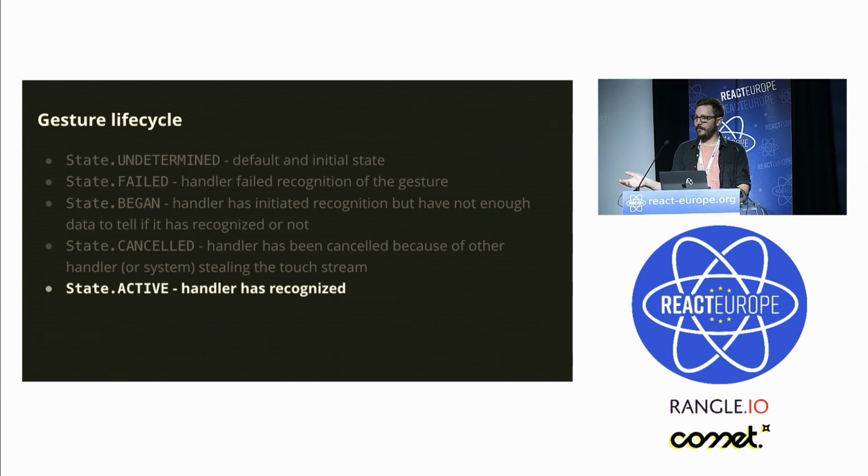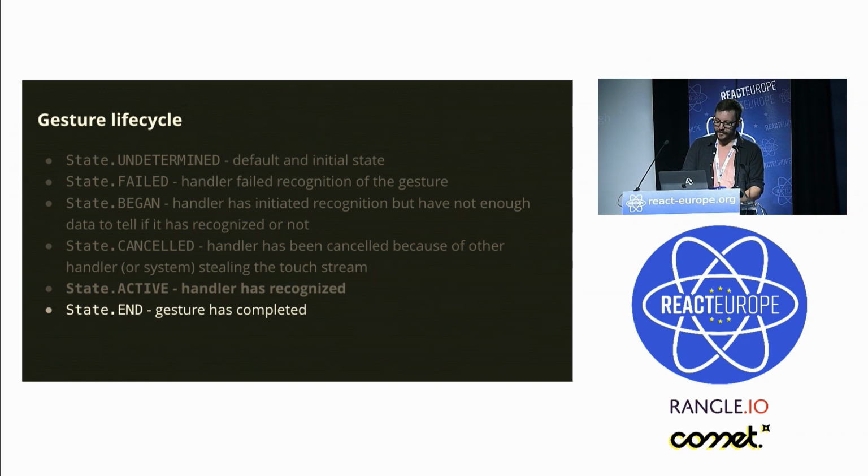And often you don't really care what that state is, it's just, was it active before and now it's not active? Or was it not active before and now is it active? And that's usually when you just do something. And then the last one is end. So that's when you tap and release and it becomes active and then it transitions to end.